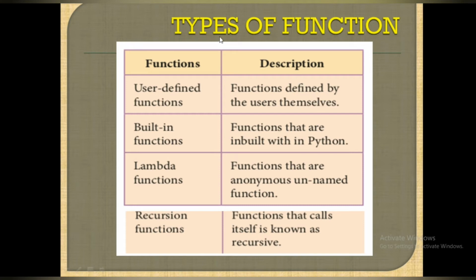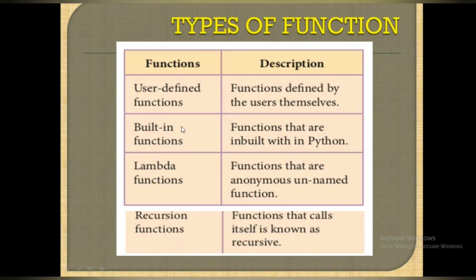There are different kinds of functions used in the Python programming language. Now you can see one by one what they are. There are 4 different types of functions: user defined function, built-in function, lambda function, and recursive function.